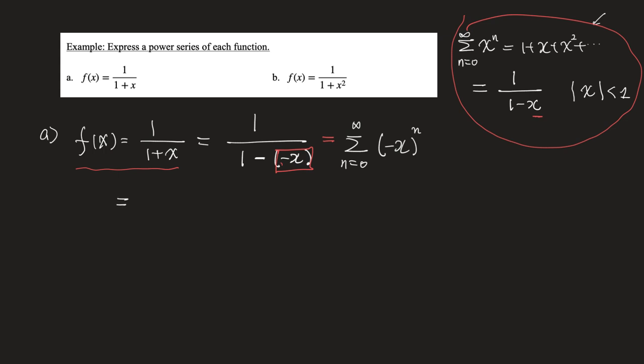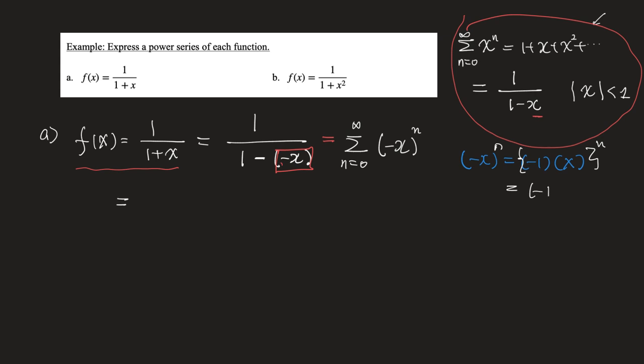Then what happens? Negative x is negative 1 times x, separated. So the base is negative 1 to the n, and the total thing has the power n.